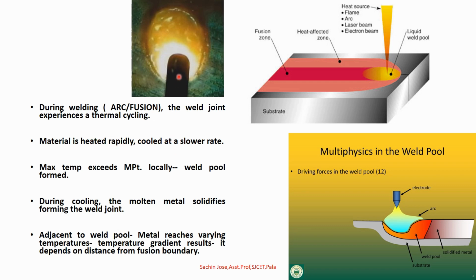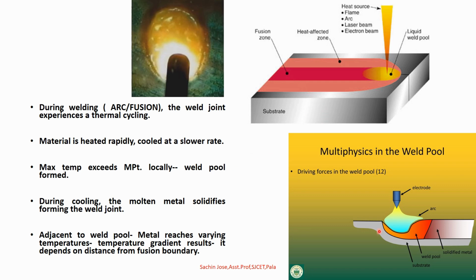Because you are putting heat through an electrode, so it is heated rapidly, and cooling takes place slowly. Maximum temperature exceeds melting points, and locally a weld pool is formed. So this is the weld pool. Okay, during cooling, the molten metal solidifies, forming the weld joint.